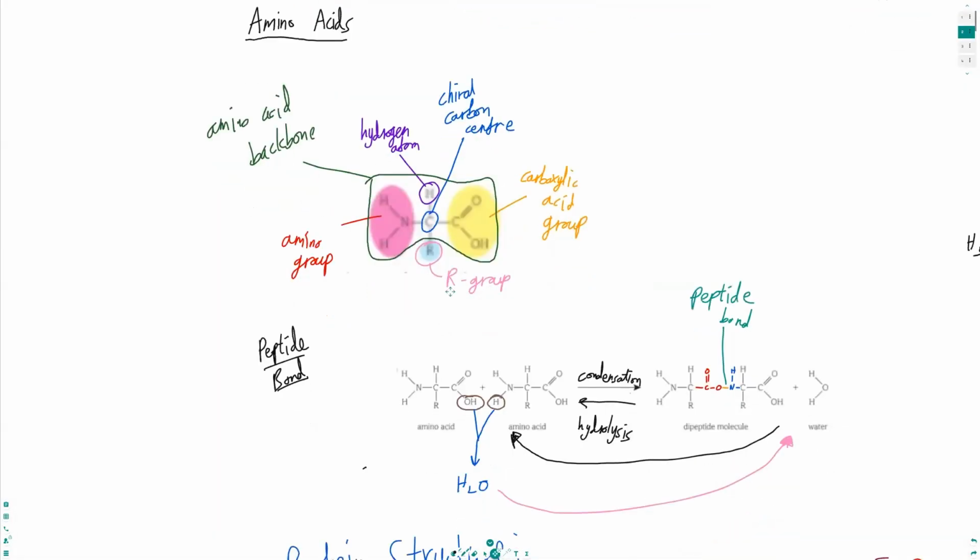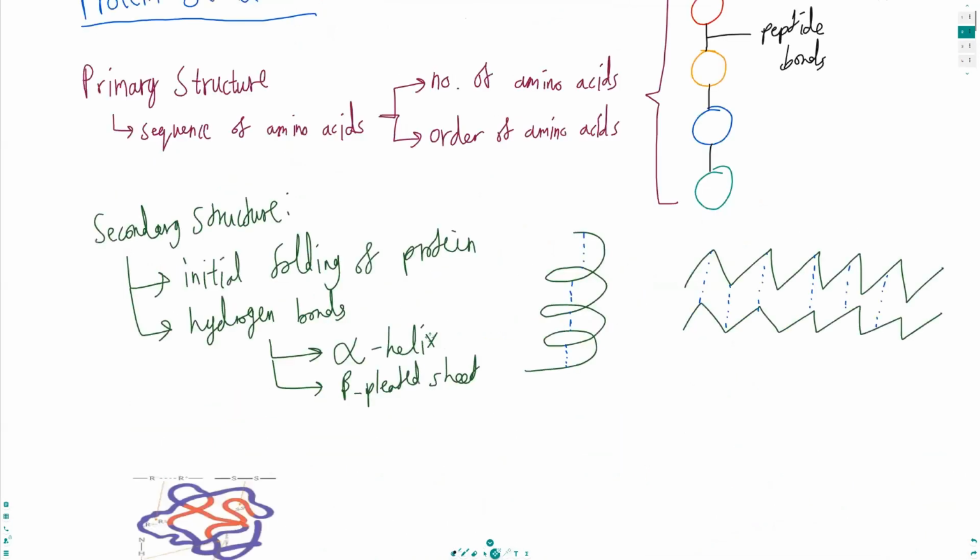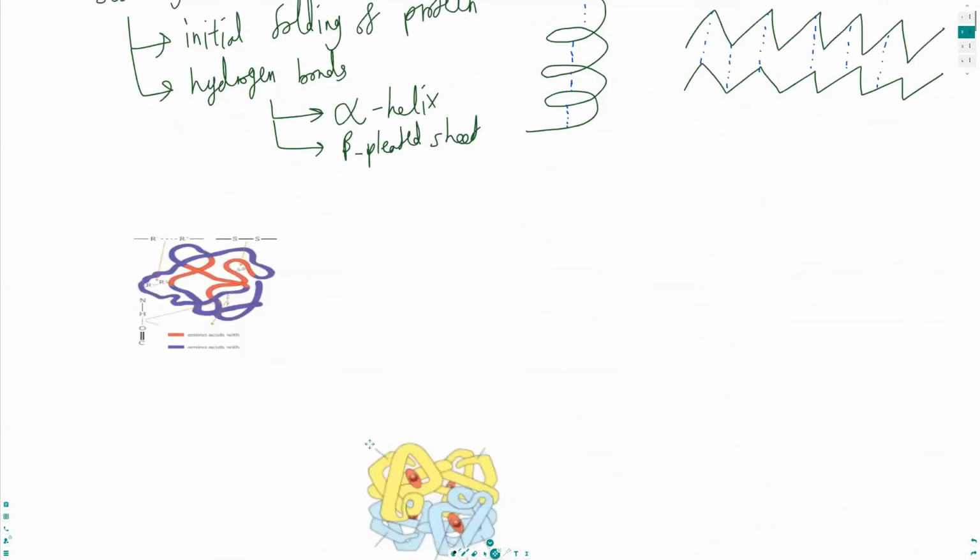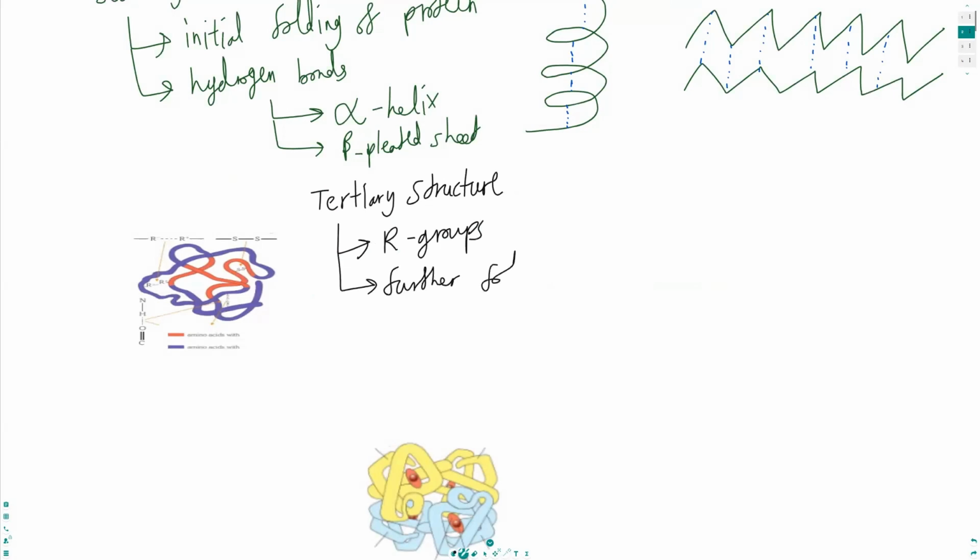The R groups come into play in the tertiary structure, which is what we see here. So this is the tertiary structure. This is the involvement of R groups, and it's the further folding of the protein.